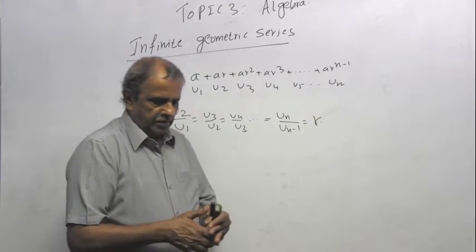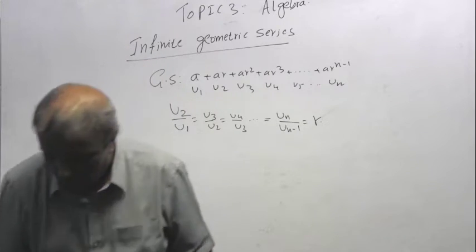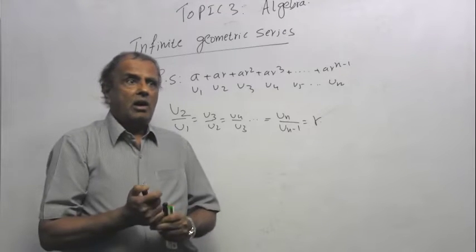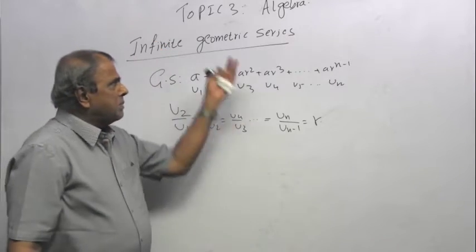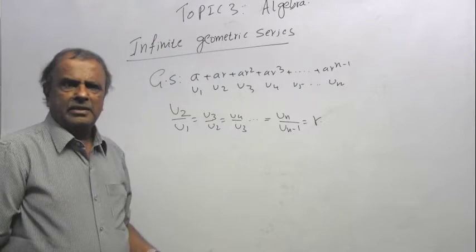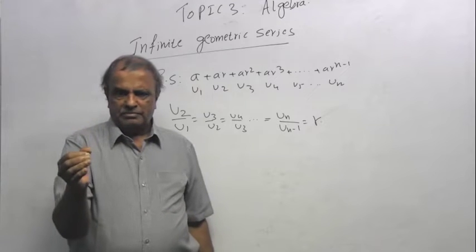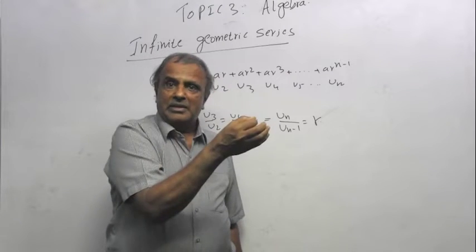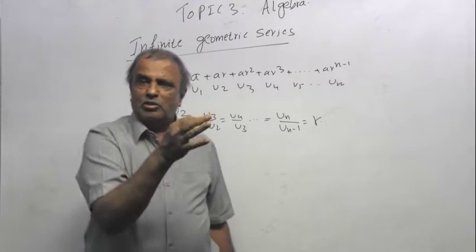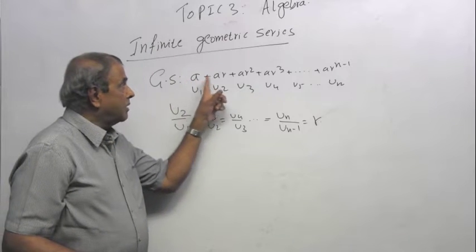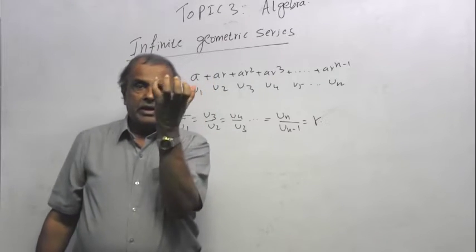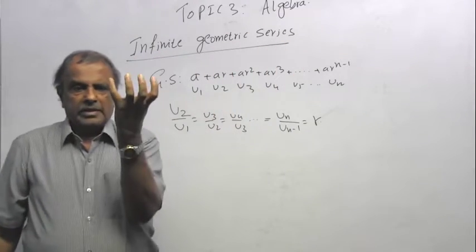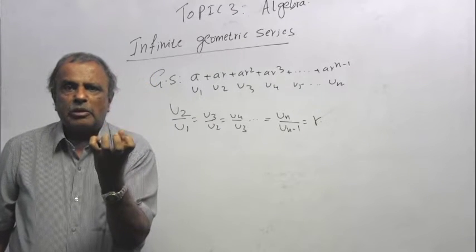Let's look at it this way. Simple example. Suppose for a moment I assume that r is 0.1. a may be anything, maybe 100,000. But imagine 0.1. 0.1 squared is 0.01. 0.1 cubed is 0.001. 0.1 to the power 4 is 0.0001. So when you multiply the same number a continuously by r squared, r cubed, or 0.1 squared, 0.1 cubed, the terms start becoming smaller and smaller.